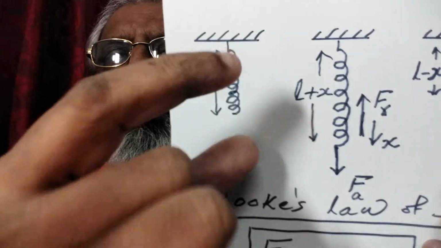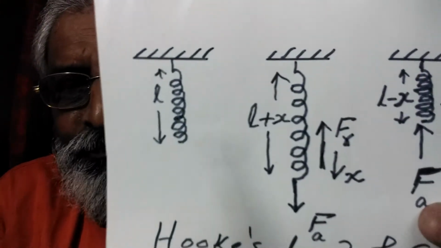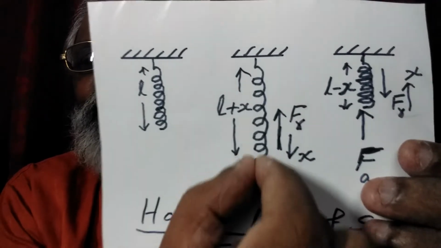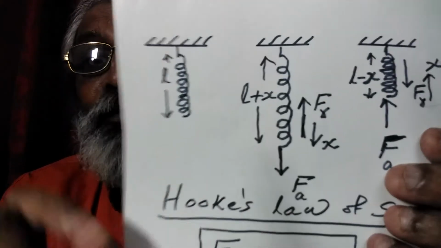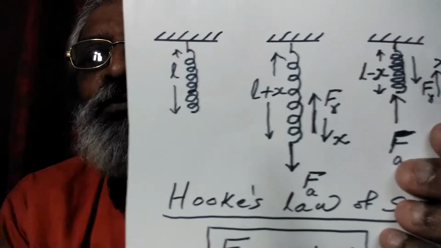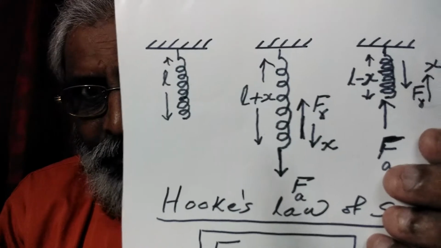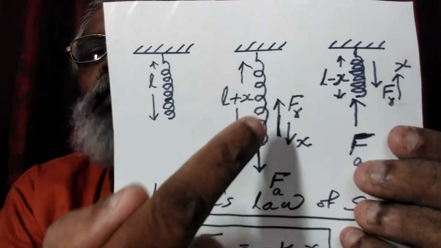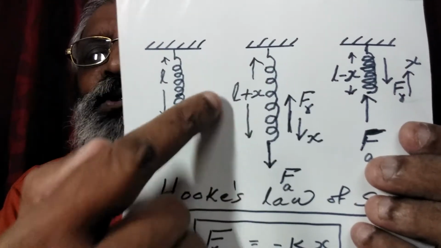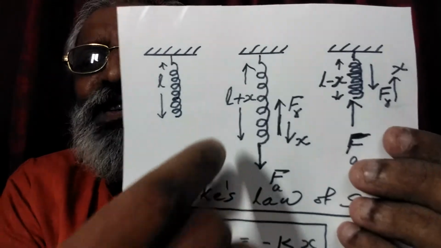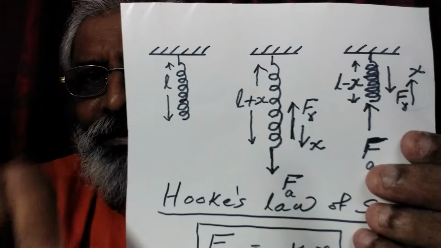Original or natural length of the spring is L. Suppose we apply a force at the free end of the spring, Fa. The applied force is Fa. So as to stress this spring, now the length of the spring increases to L plus x, or the extension of the spring is x.